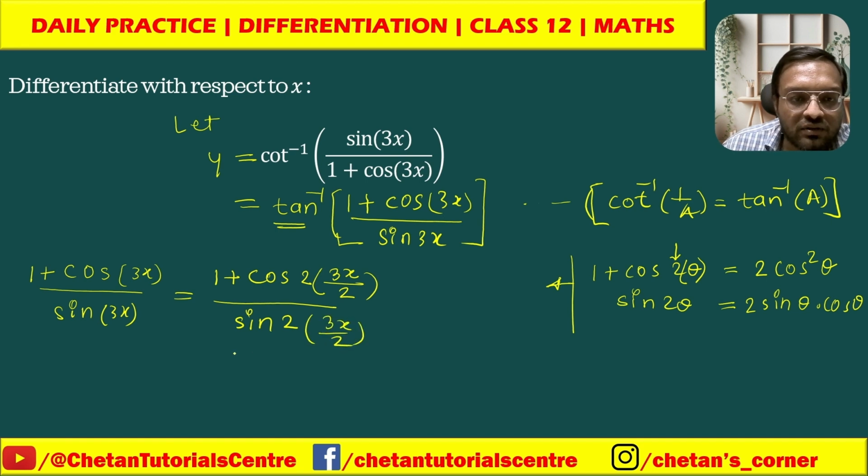Here you can see that when I cancel this 2 in numerator and denominator, I will be left with cos 3x, which you can see here.